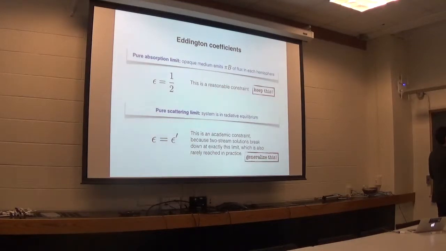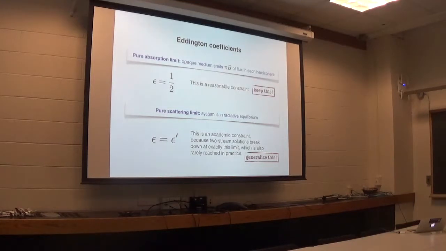So if you take the first law of thermodynamics in the full fluid form with the material derivative, and you make the approximation of 1D and no fluid motion, you end up with this relationship between the gradient of the net flux and the rate of change in time of the temperature. And this is what I mean by radiative equilibrium.